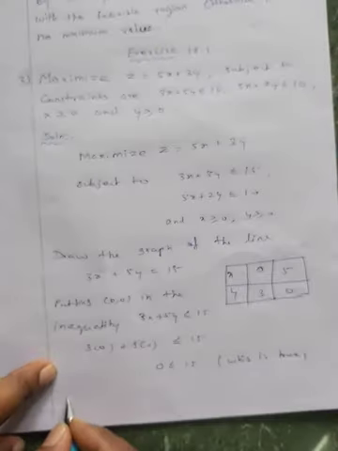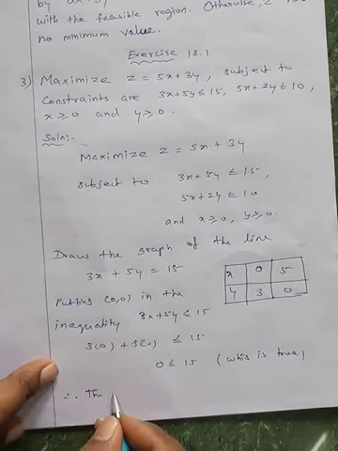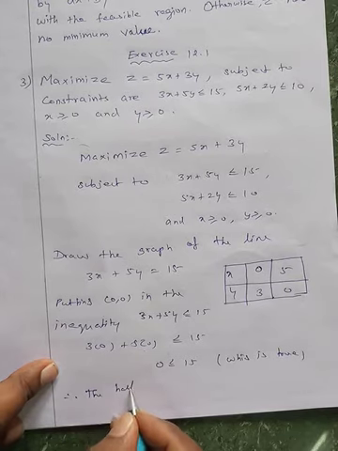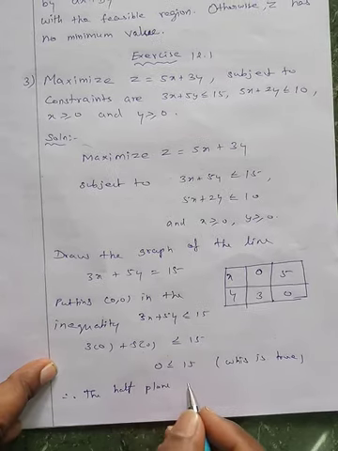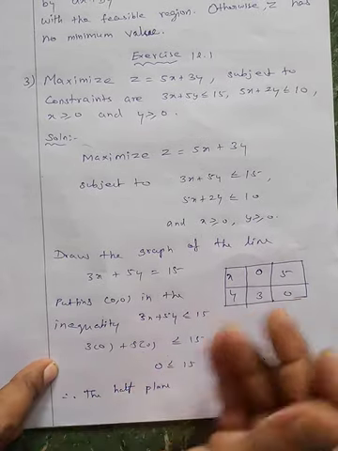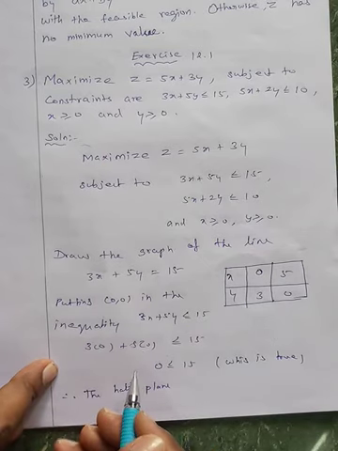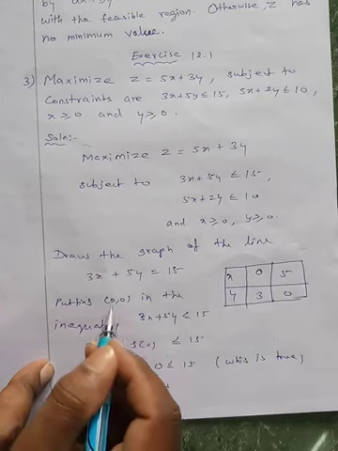Therefore, the feasible region is the half plane. The line divides the plane into two halves. The feasible region is one of the half planes, the plane containing the origin.